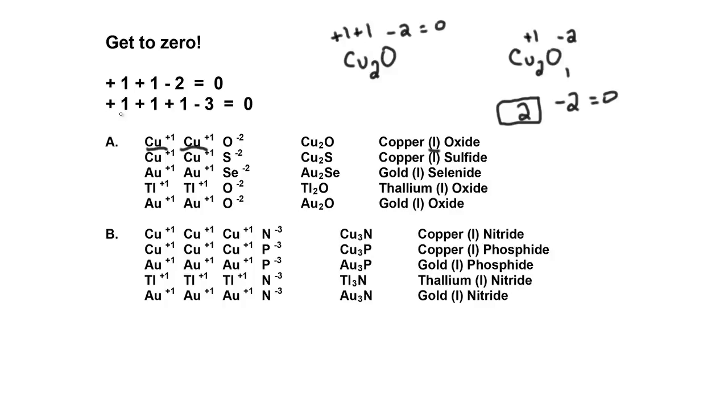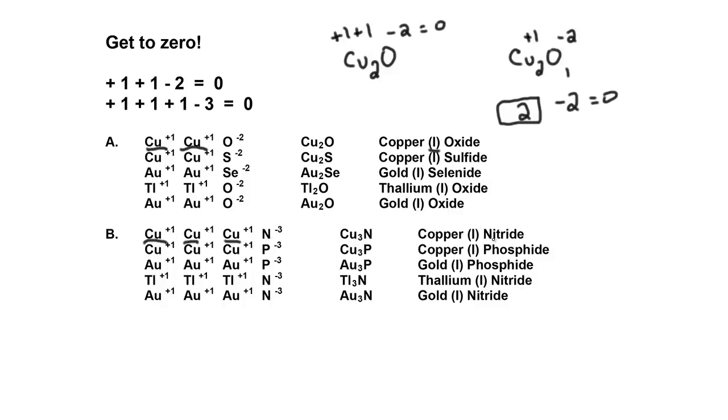So let's use our other equation. Plus 1 minus 3 equals 0. Again, we pick an ion where there's more than one in the box, and copper is just as good as any of the other ones. So we have copper 1, and I'm going to write it down 3 times, and we're going to mix that with a nitride. So we have 3 of the coppers and 1 of the nitrides.